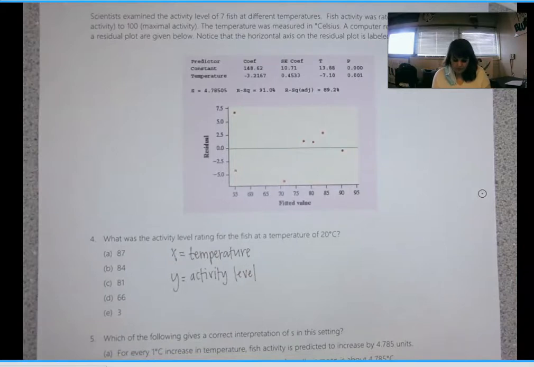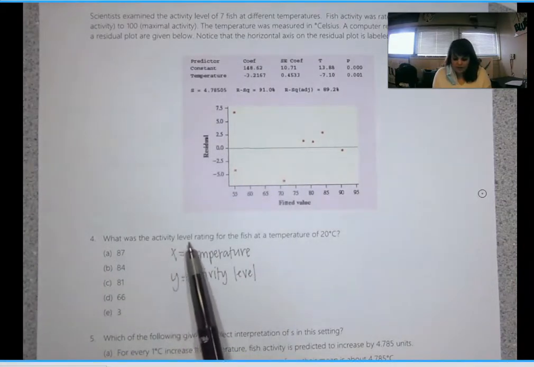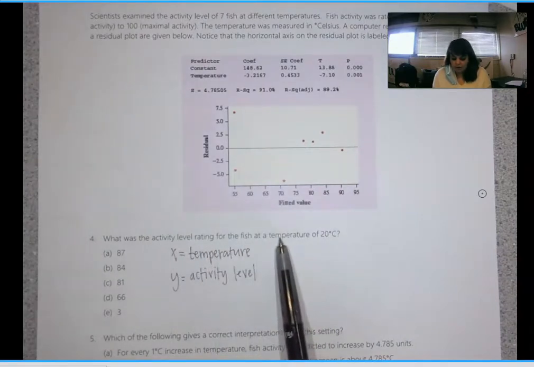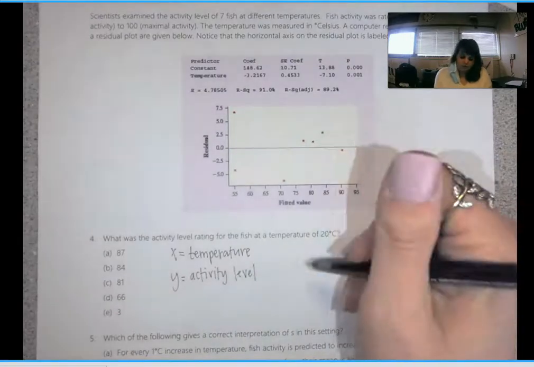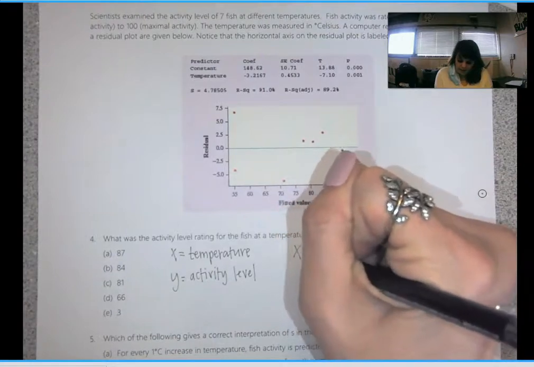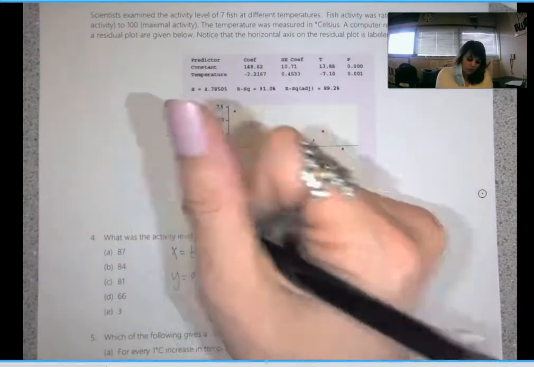Okay. So what was the activity level rating for a fish at a temperature of 20? Well, that means that x is 20. They're asking me then about y.